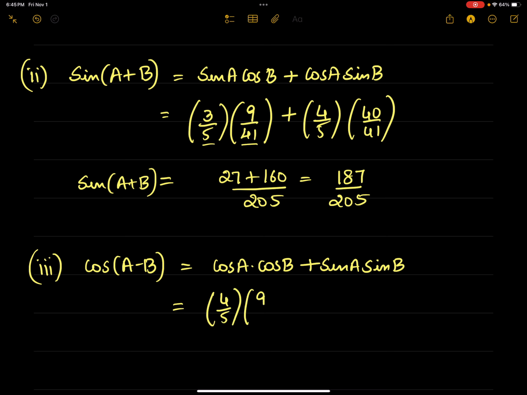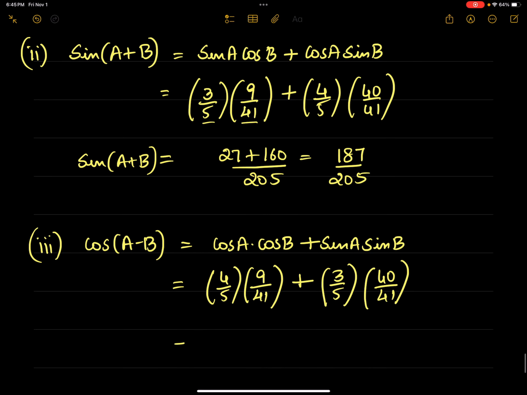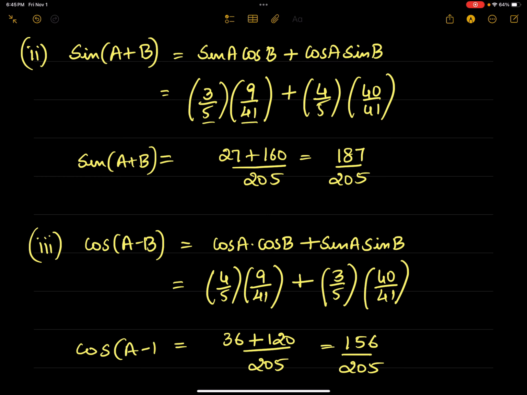Cos B is 9 by 41, plus sin A is 3 by 5 and sin B is 40 by 41. Now the denominator again is 205. Now we would get 36 plus 120. So the answer is 156 by 205. That is the value of cos of A minus B.